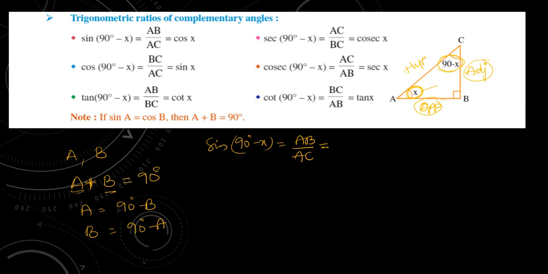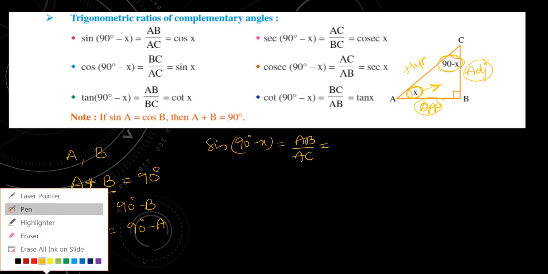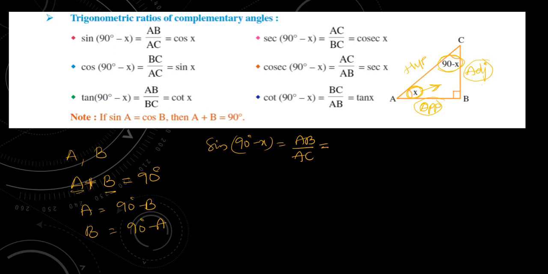Now when I consider this particular angle X, represented by green color, then for this angle X this side becomes opposite and this becomes adjacent.